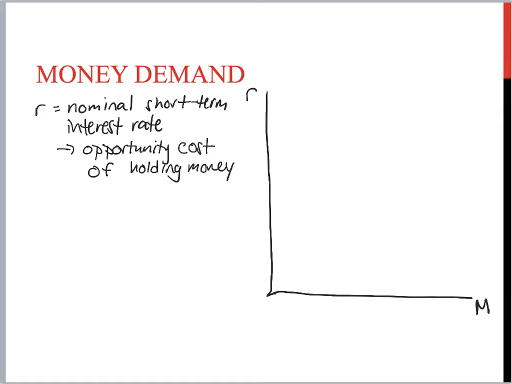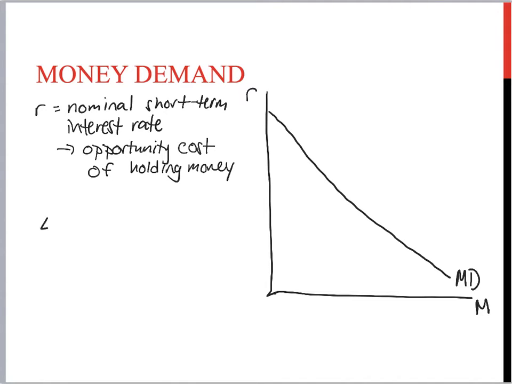And when the opportunity cost of holding money, instead of putting it into something that's going to earn interest, falls, or when that interest rate falls, people want to hold more money. So the quantity of money demanded is going to increase. So our money demand curve, which I've abbreviated MD, is going to be downward sloping.